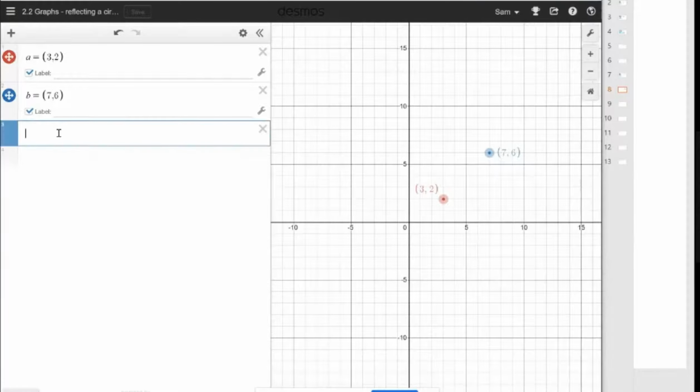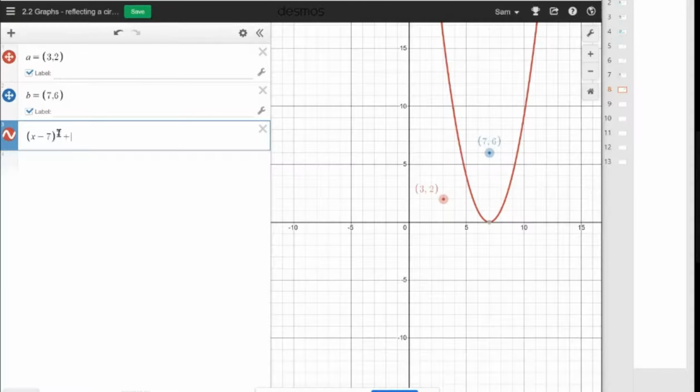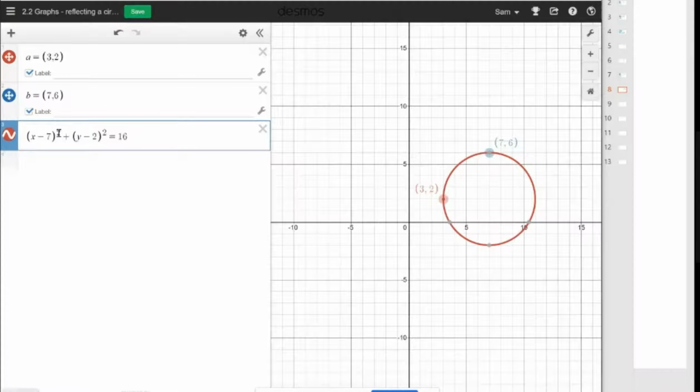Okay, so as we said, the equation was (x minus 7) squared plus (y minus 2) squared equals 16. And we've got this lovely circle. Now we just wanted this positive quadrant of the arc. So I'll do the domain first.